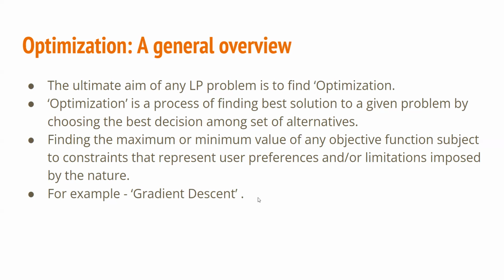If you want to know more about optimization, then you should read about gradient descent. So what is gradient descent? It is nothing but a kind of optimization algorithm for finding the global minima of a differentiable function.